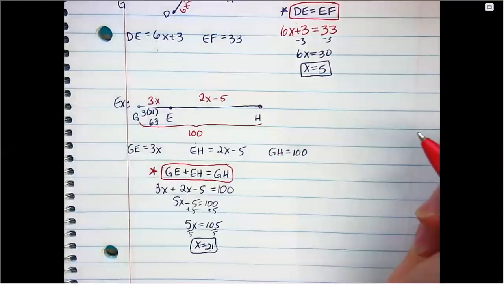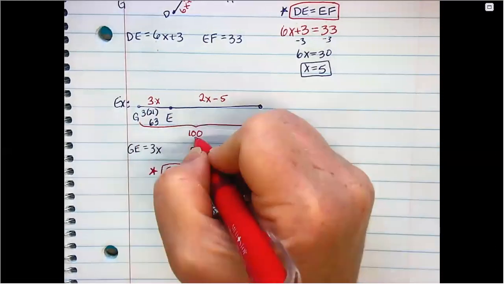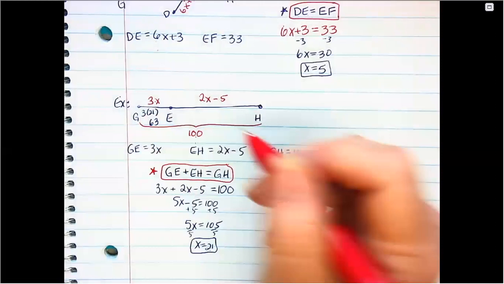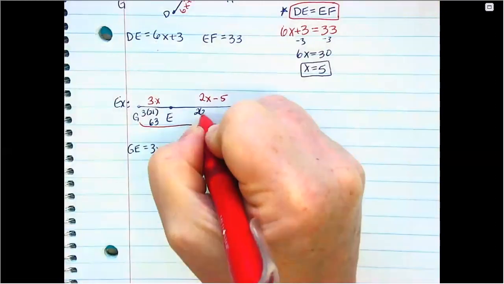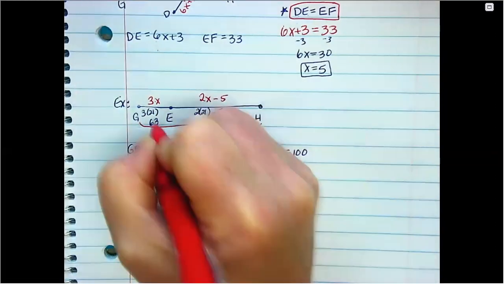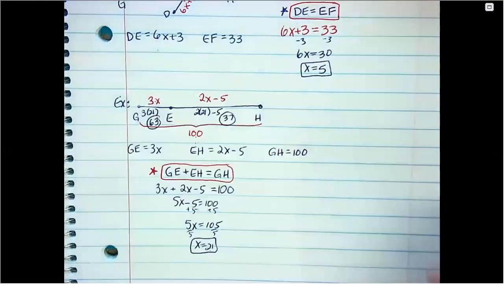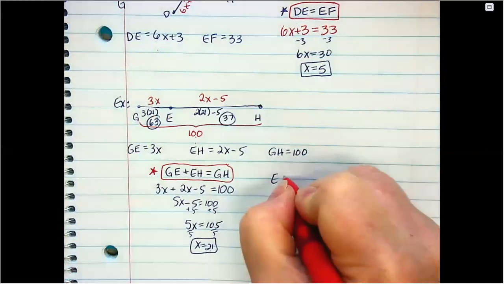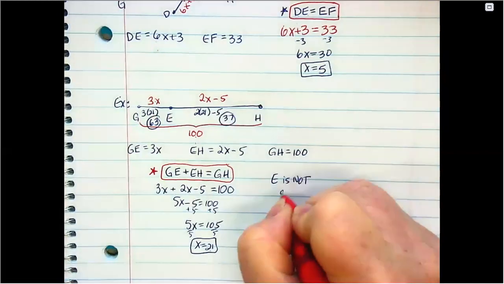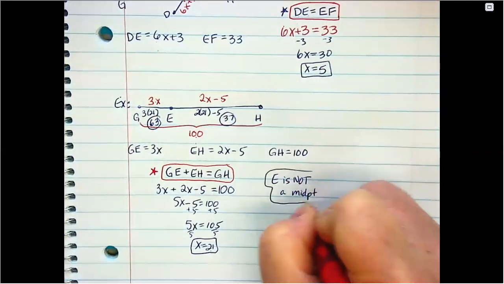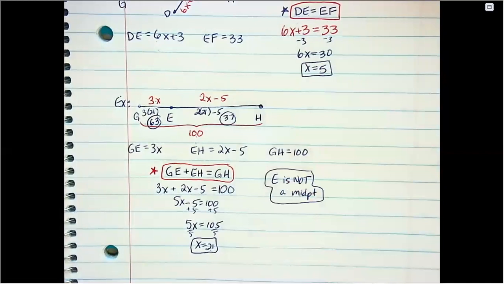We can either subtract 100 minus 63 and get 37, or we can go 2 times 21 minus 5 and still get 37. So these are not equal, therefore E is not a midpoint. It does not equal on each side.